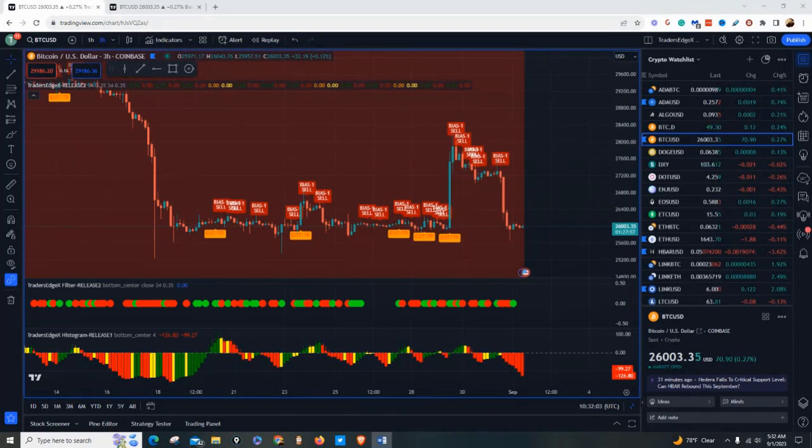All right, so the technique has two parts, like I said. Part number one is we've got to decide when it comes to crypto, who's in control? You're going to hear me talk a lot about the concept of the directional bias, the higher time frame, the institutions, the banks, the hedge funds, because at the end of the day, if we're going to make money in the crypto market, we've got to understand what they are doing.